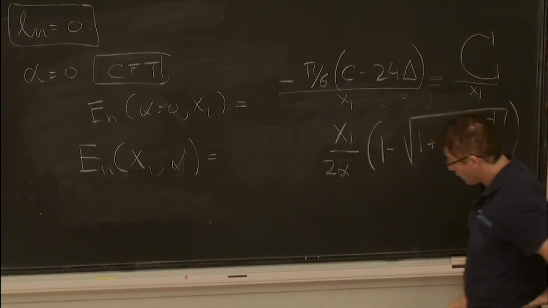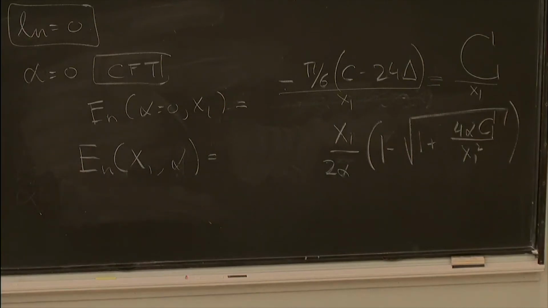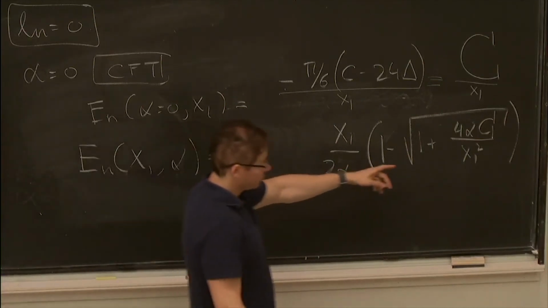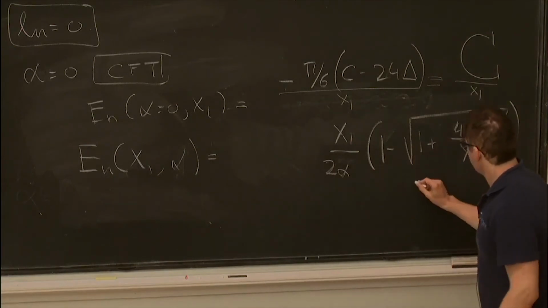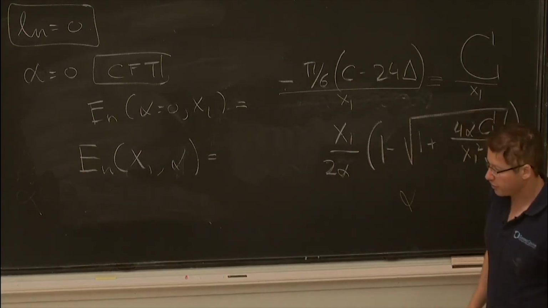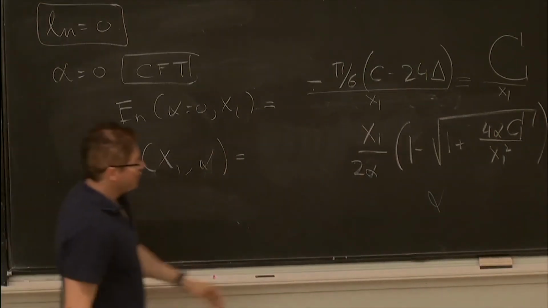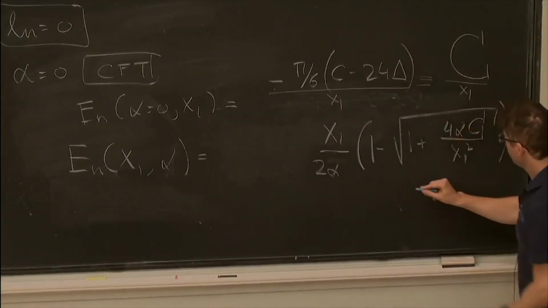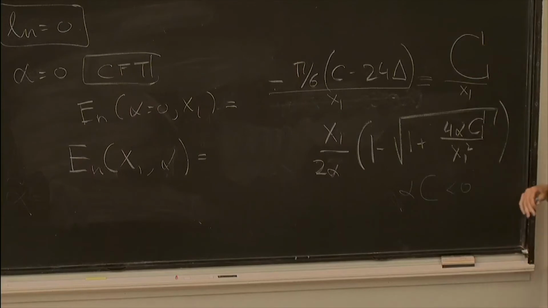Now this is already slightly beyond the realm of ordinary QFT. But what are the lessons that we can learn from that? One lesson that is very evident is that if alpha c is negative, that's like saying we're putting this irrelevant operator with a certain coefficient.